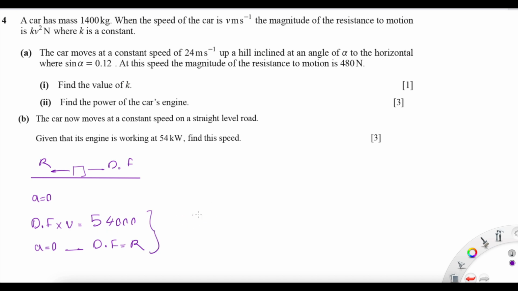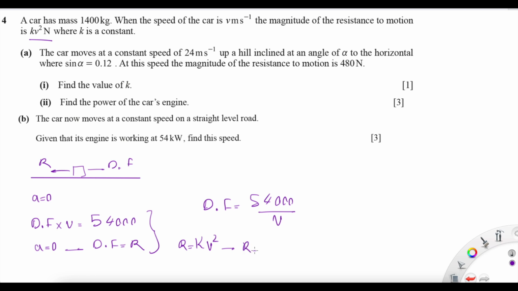Now here, resistance. If I write here instead of driving force, I make driving force the subject: 54,000 over v is equal to resistance. Then we know that resistance is kv squared, and k was 5 over 6.